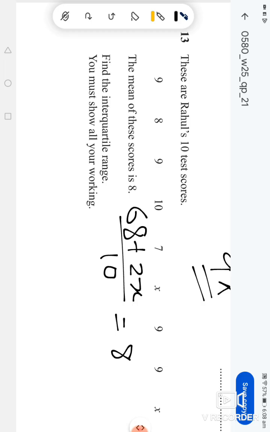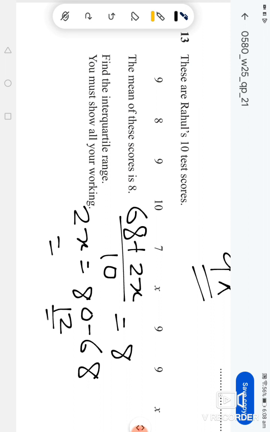So 2x equal 80 minus 68 is 12. 12 by 2 equal to 6. So this is 6.